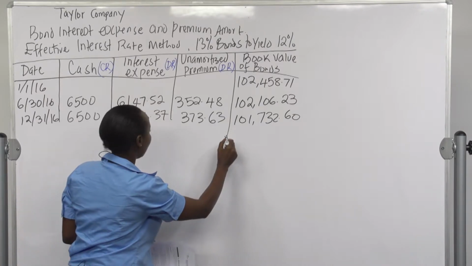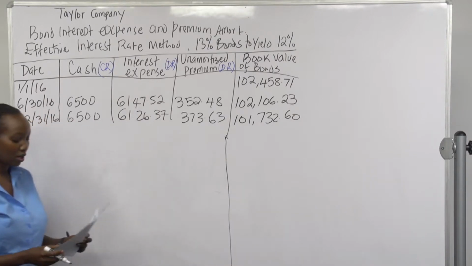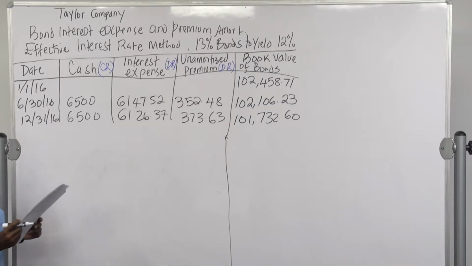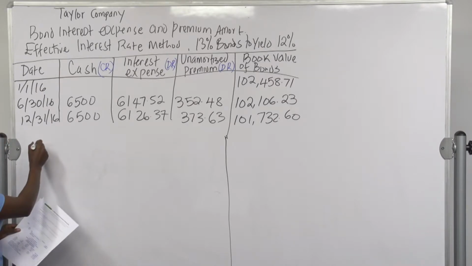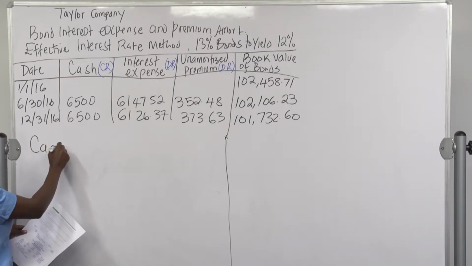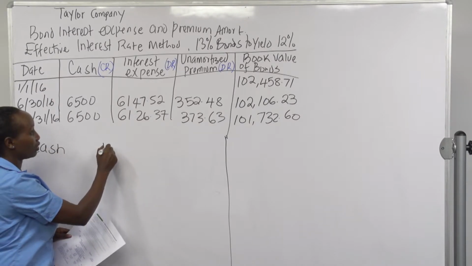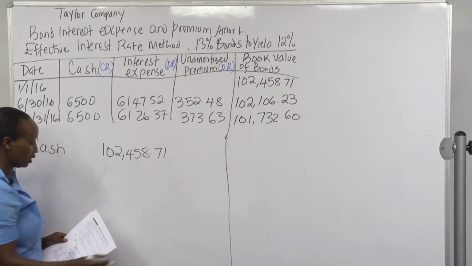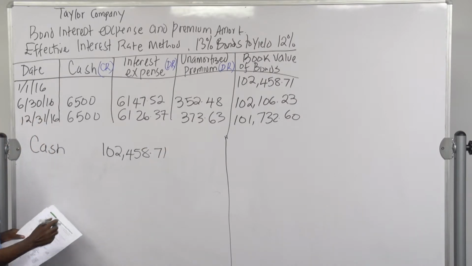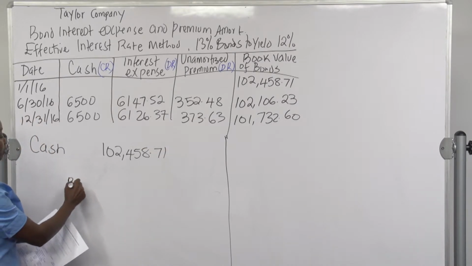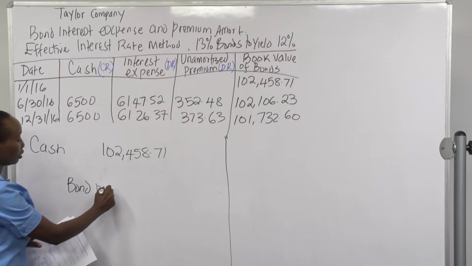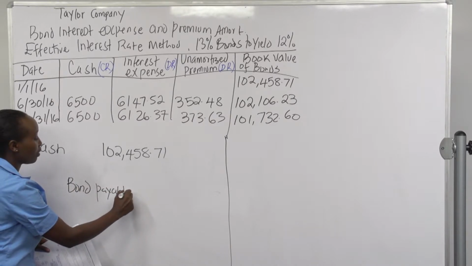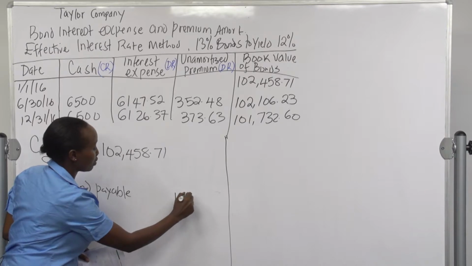The first journal entry is to record the issuance of the bonds. When we issue the bonds, we receive cash, a total of 102,458.71. Now we have a liability, bond payable, and the face value is 100,000.